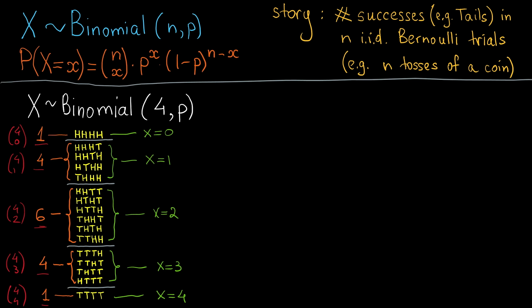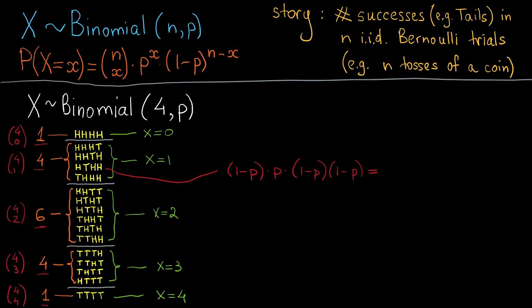Let's just take one outcome and see what its probability is. What's the probability of getting heads, tails, heads, heads? Well, the probability of heads is 1 minus p, the probability of tails is p, probability of heads on the third toss is 1 minus p, and then we got one more head, and that's 1 minus p.